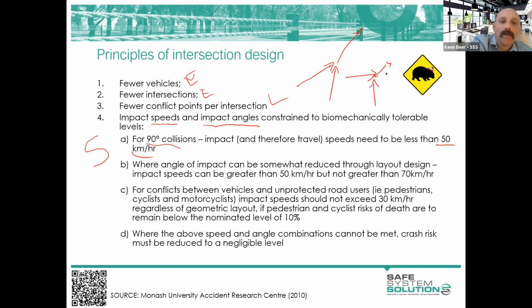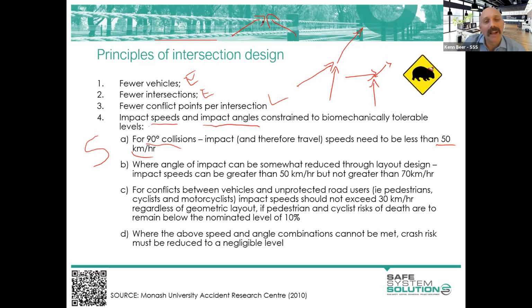If the angle goes to a bit more head-on, I'm running out of space, a bit more head-on, the front of the vehicle starts to come into play in terms of those crumple zones, airbags, seat belts, and all the good safety features packed into the front of the vehicle. So this is where we say, somewhere around the 90 degree crash, we're talking around the 50 kilometers per hour or below to get us some pretty good safety outcomes.